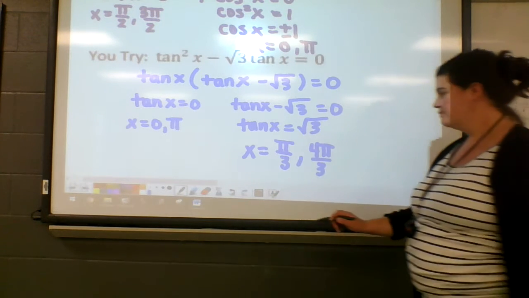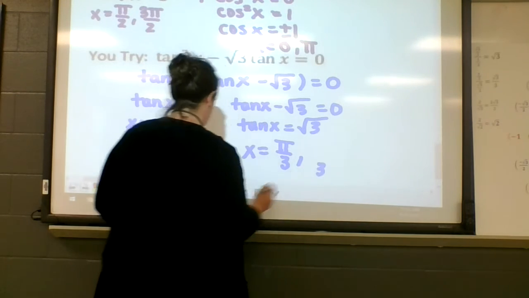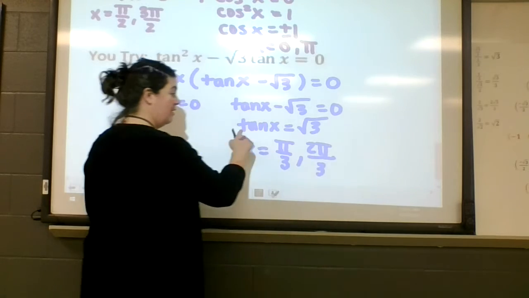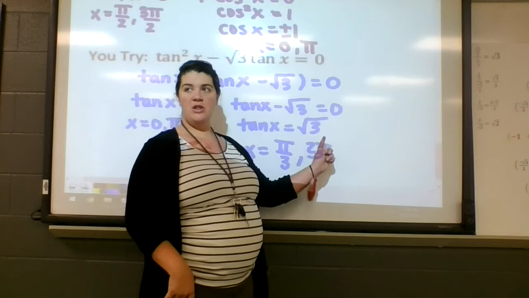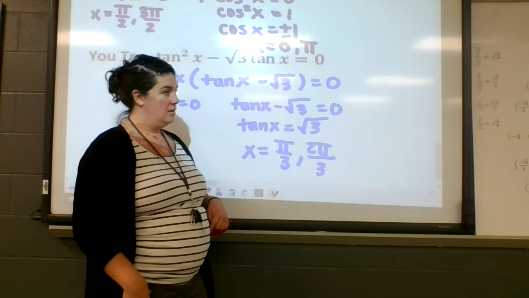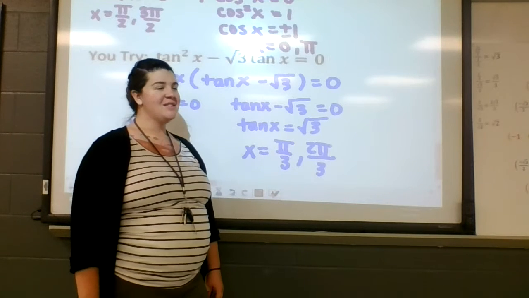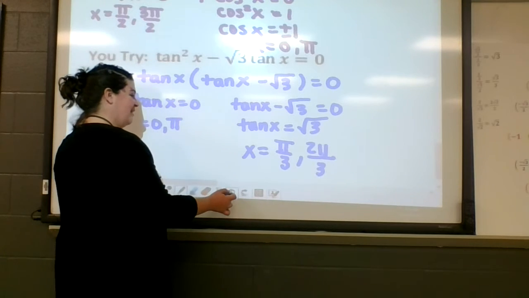Okay. 2 pi over 3. The sine for the tangent to be a positive square root of 3. Yeah, exactly. Oh, I got a little distracted by the sign, didn't I? Yeah. All right.